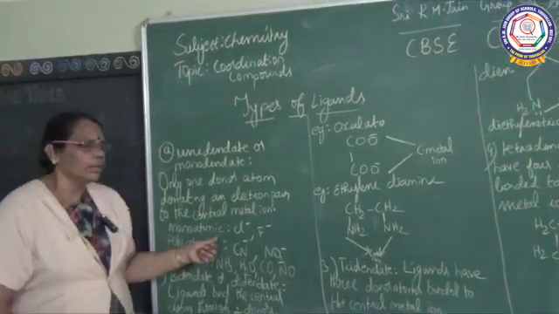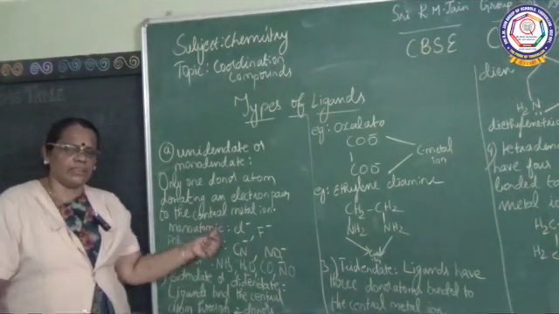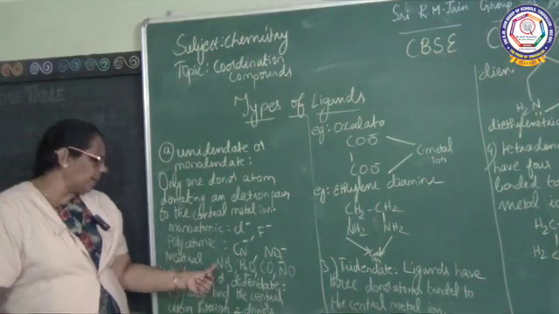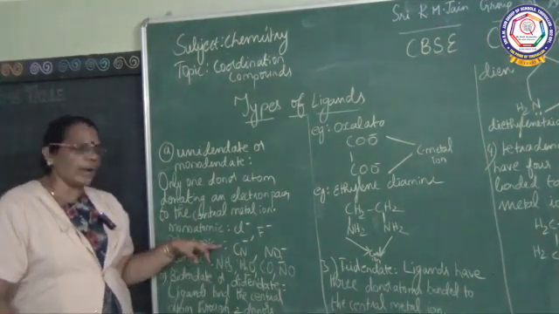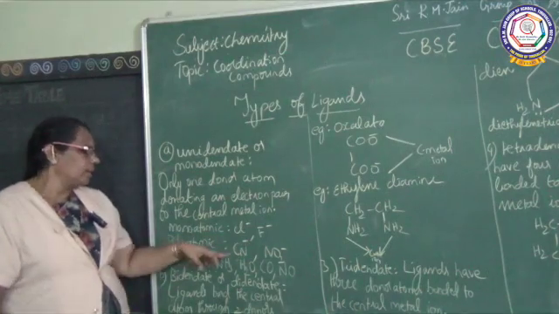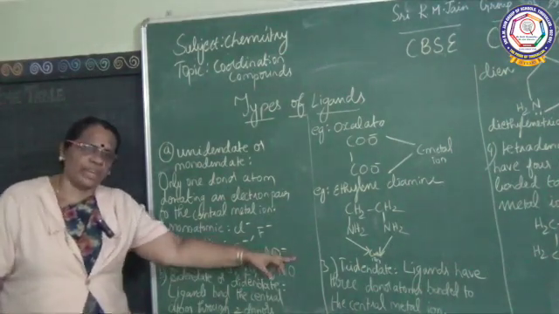Even in unidentate ligands there are monoatomic, polyatomic and neutral ones. Monoatomic: Cl minus, F minus. Polyatomic: CN minus, NO2 minus.